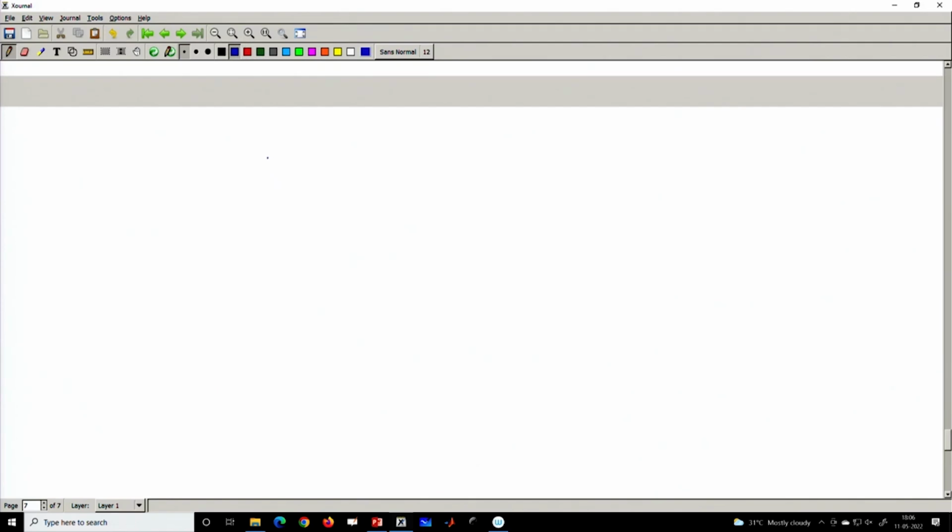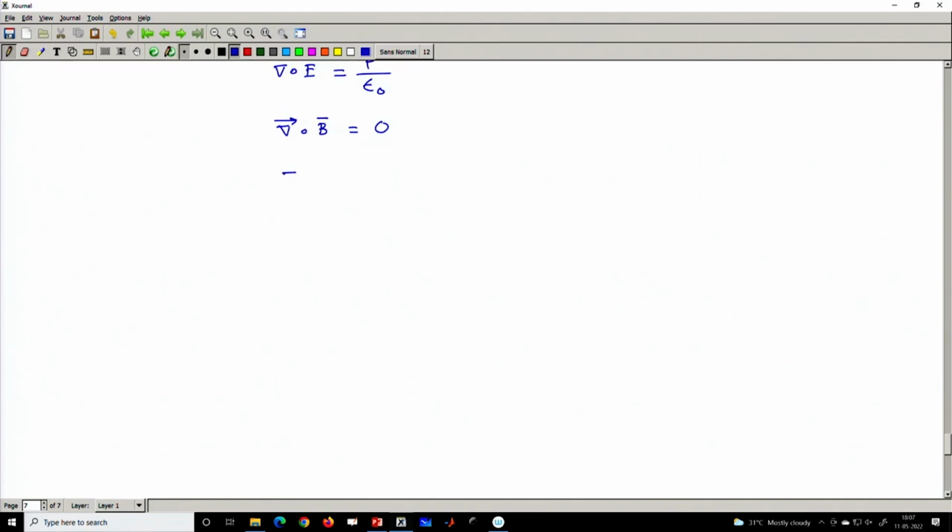So, I write: divergence of E is rho by epsilon 0, divergence of B is 0, curl of E plus del B del T is 0, and curl of B minus mu 0 epsilon 0 del E del T is mu 0 J, with J a function of R and t. Here also this is a function of R and t.